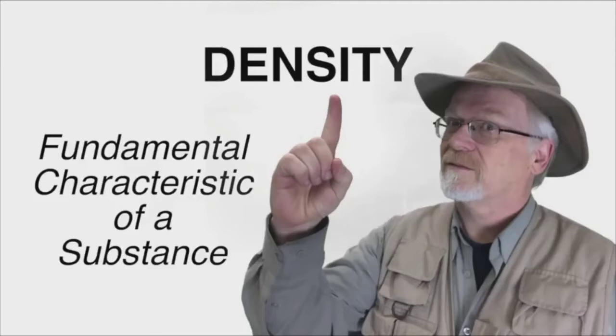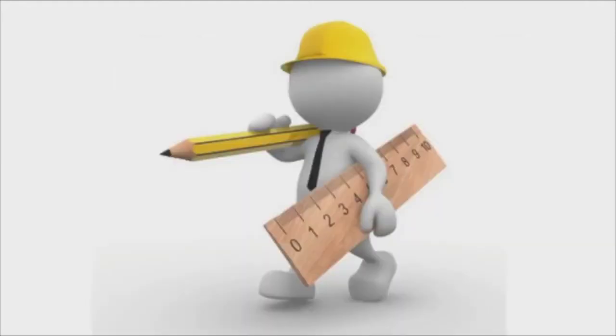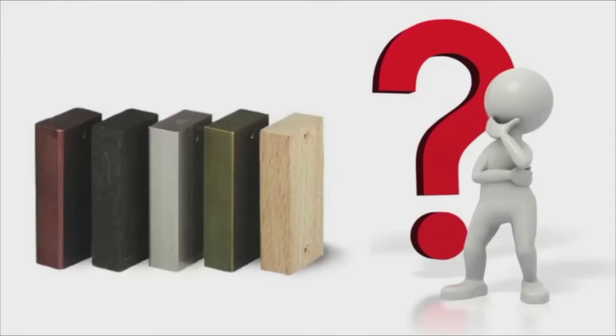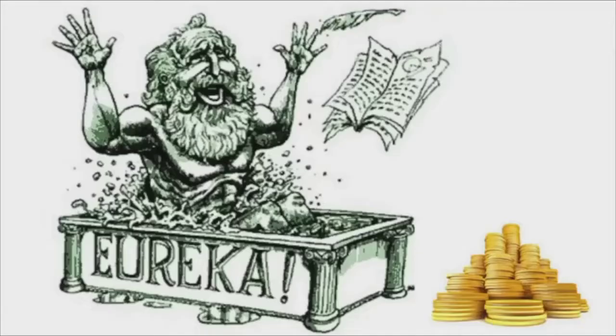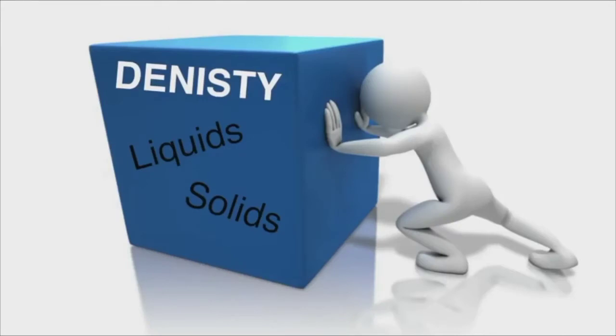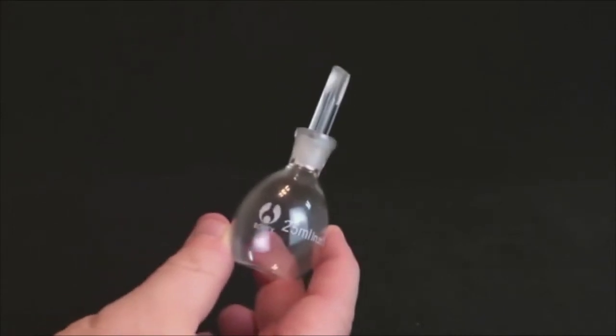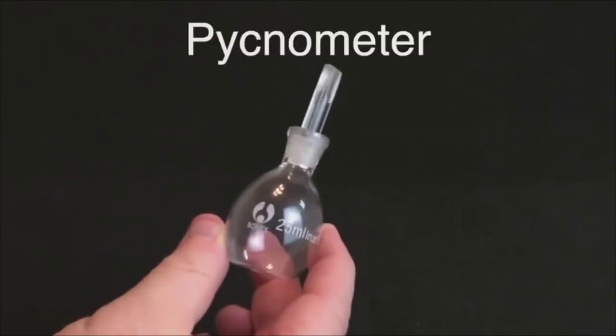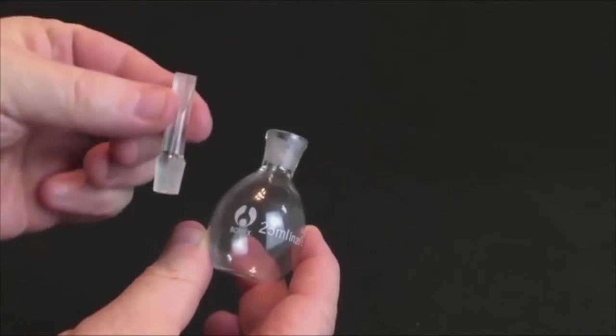How to measure specific gravity can be classified into two. Number one is direct weighing, by weighing a substance with a certain volume and dividing it by its volume, or by weighing the substance and then dividing it by the weight of water of the same volume at the same temperature. Number two, using Archimedes' law, by measuring the upward pressure that occurs when an object is inserted into the fluid.